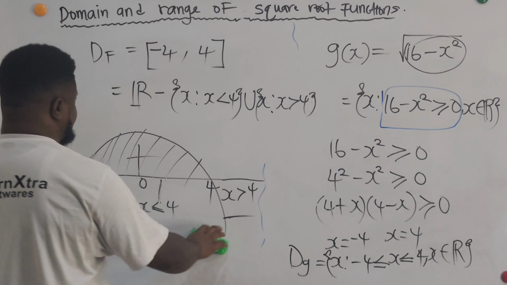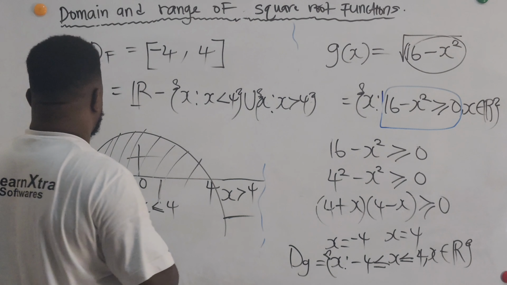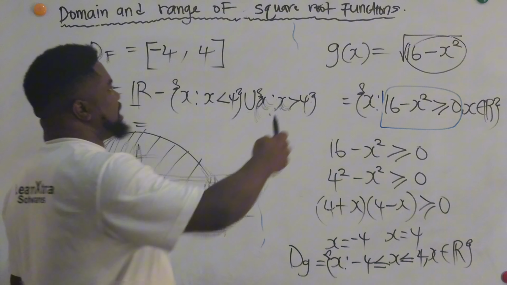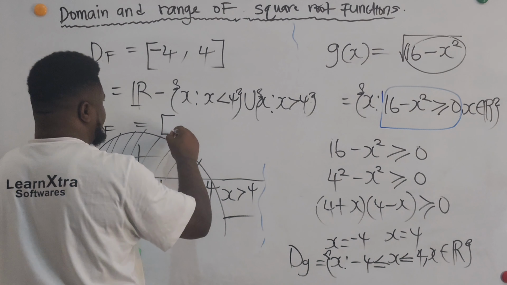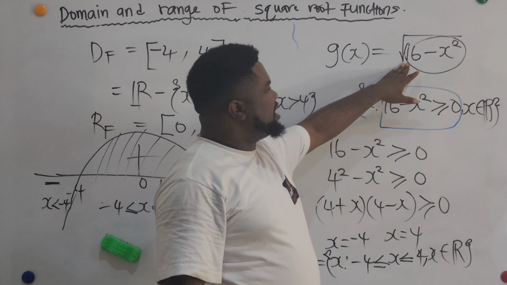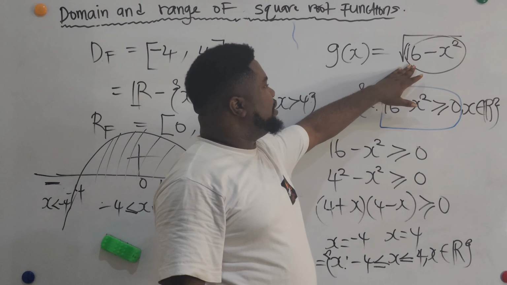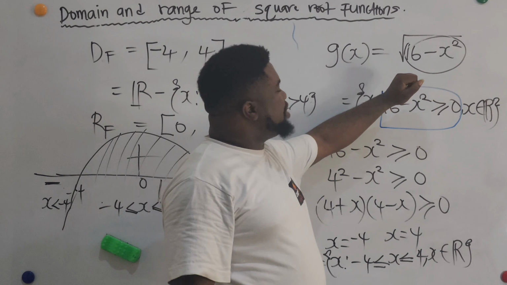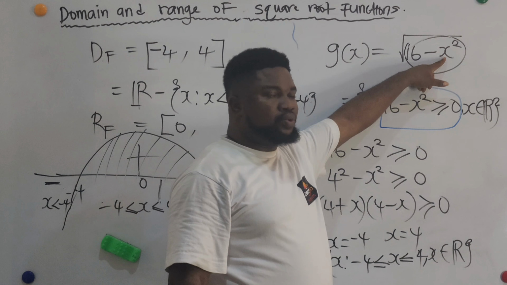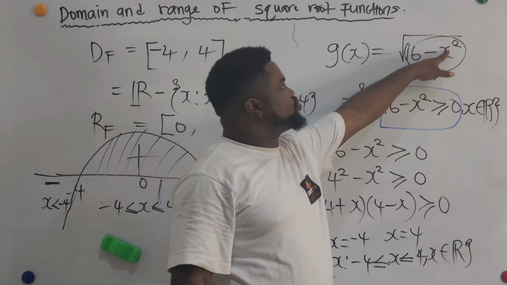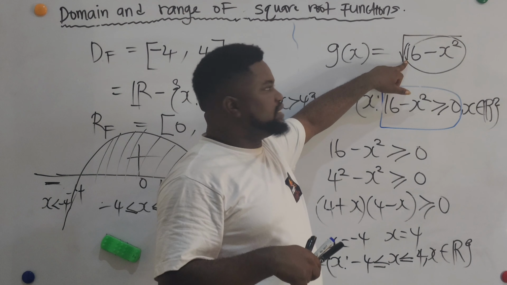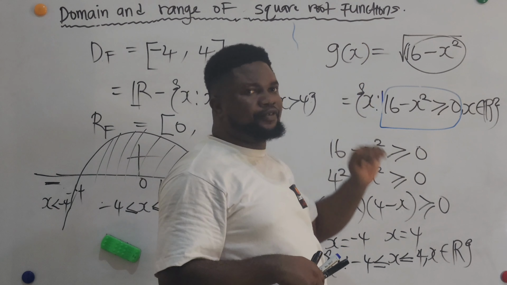So my range for this function, r sub f, I told you, all the square roots will start from 0. So I'll have it from 0 up to, alright, in this function, nice example. If you look very well, the maximum of the function is when x is 0. When x is 0, we have 16 minus 0 squared, which is 16. Now the root of 16 is 4. We can't go above 4. Ask me why.